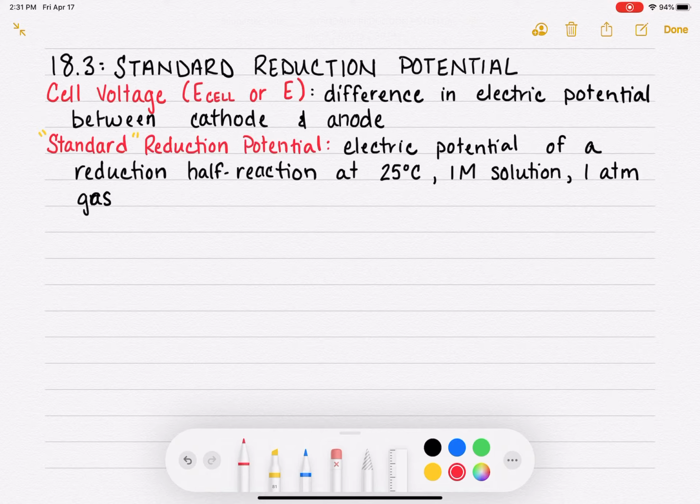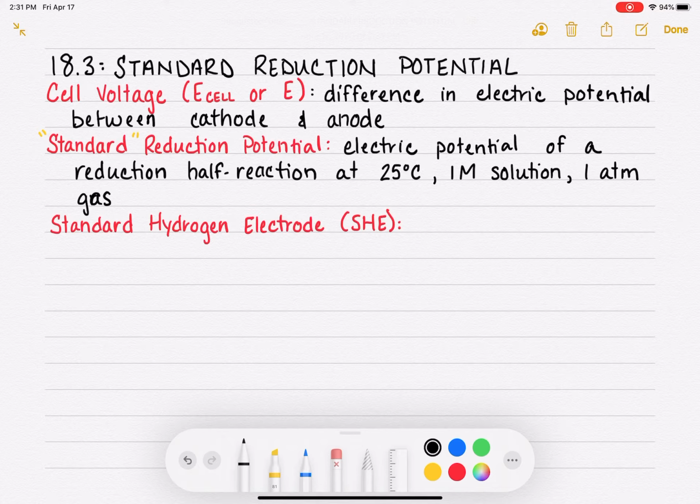Then we also have one more definition. We have the standard hydrogen electrode. And the standard hydrogen electrode is sometimes abbreviated capital SHE. And the standard hydrogen electrode is basically our baseline for all of the standard reduction potentials.